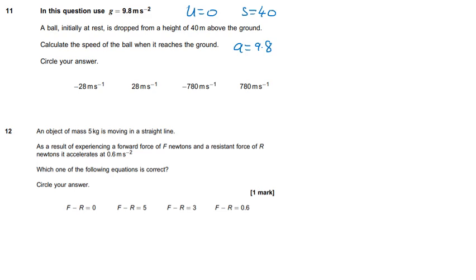And we're trying to find the final speed, v. So what equation links those together? It's this one. So if we rearrange that with u equals 0, we get v is equal to root 2as. So square root of 2 times 9.8 times 40, which is 28.